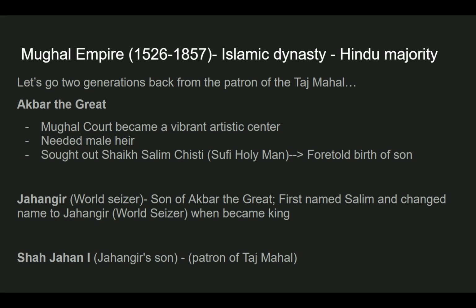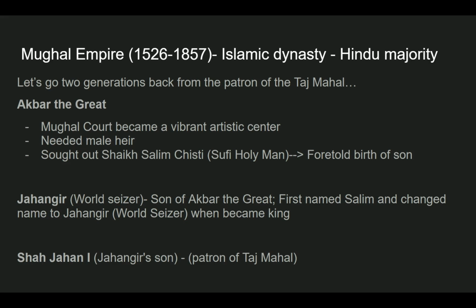Now, he needed a male heir, and he was getting older, and he was really concerned about not having a male heir. So he sought out Sheikh Salim Kishti, and he was a Sufi holy man. So we have Sunni and Shiite Islam, and then we have the smaller minority of Sufi. And this is the more mystical aspect of Islam, more practice associated with like the whirling dervishes in Turkey.